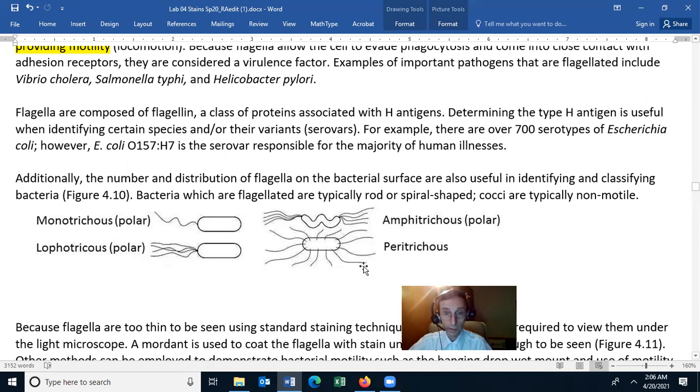It's giving you the number and flagella distribution of the bacteria. You don't really need to know this except for the worksheet. Meaning I'm not going to quiz you on this is Peritrichous, and this is Amphitrichous, and this is Lophotrichous, and that's Monotrichous.